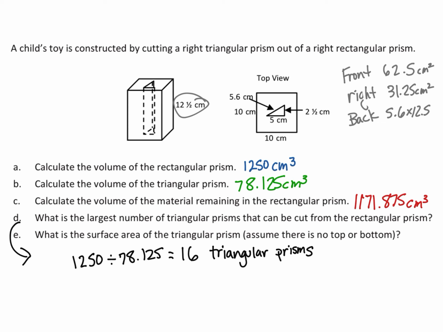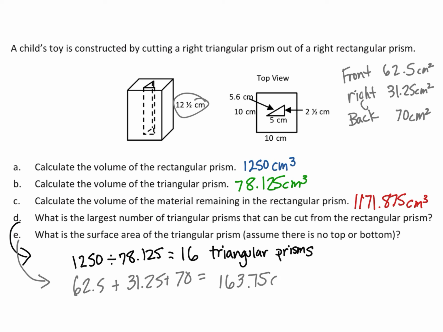And then the back is 70 centimeters squared. So for part E, we need to add 62.5, 31.25, and 70 together. Which is 163.75 centimeters squared. So that is the surface area.